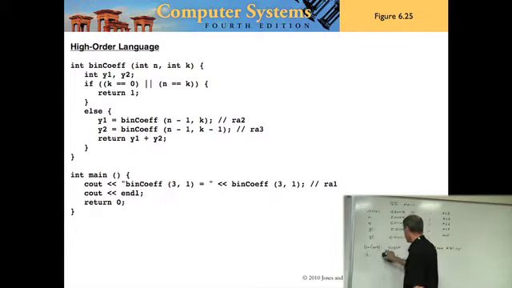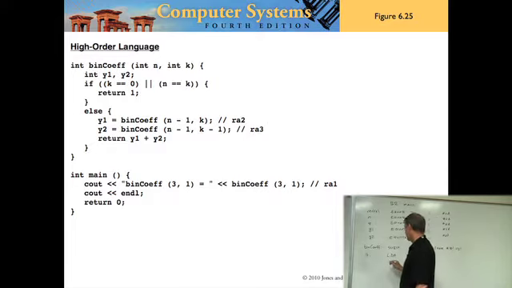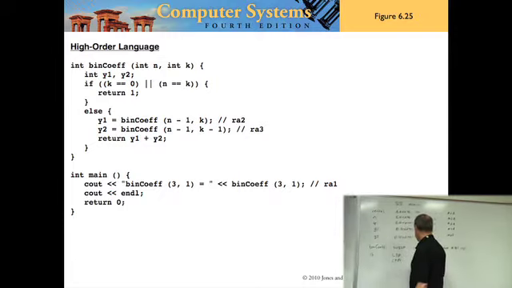So load accumulator k. And is that stack relative? Good question. Yeah, why not? Because it's on the runtime stack, right? Okay, so load accumulator k, and then what? And then compare accumulator 0 immediate.